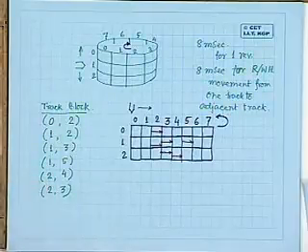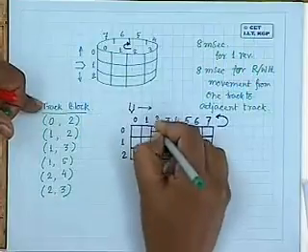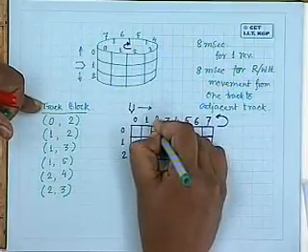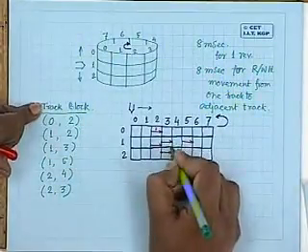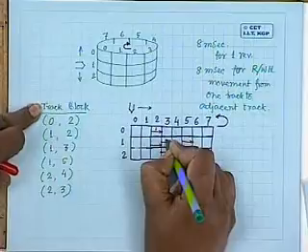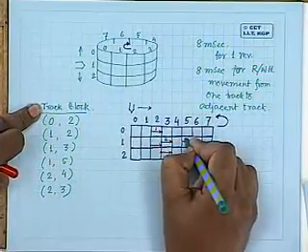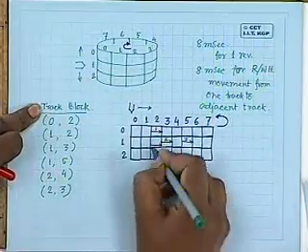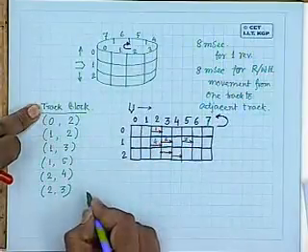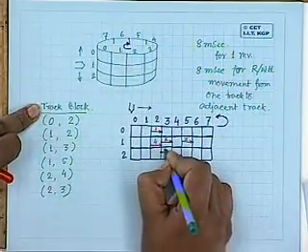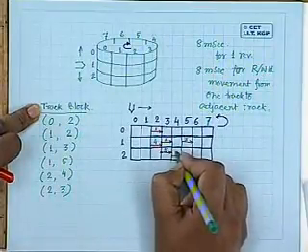So the sequence will be like this. First you read 0, 2, followed by 1, 3, followed by 1, 5, followed by 1, 2, followed by 2, 3, which is followed by 2, 4.